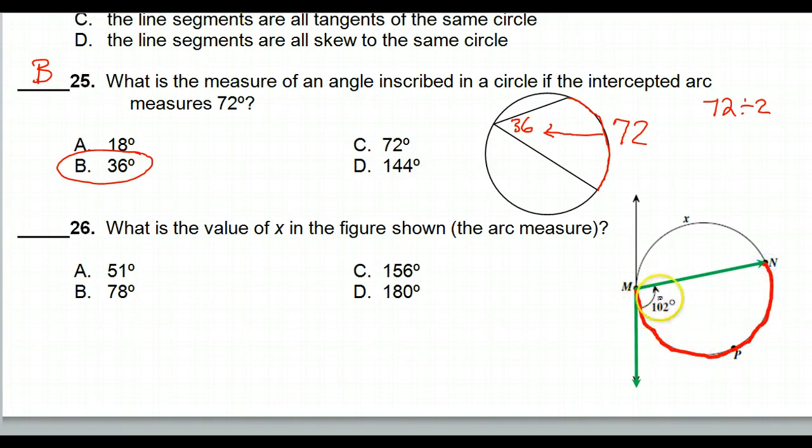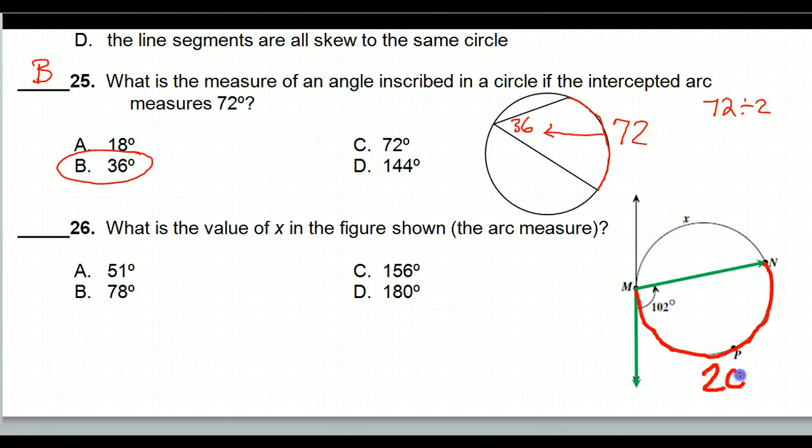This arc should be double the angle. So if the angle is 102, that means this arc that I just drew should be 204 degrees.